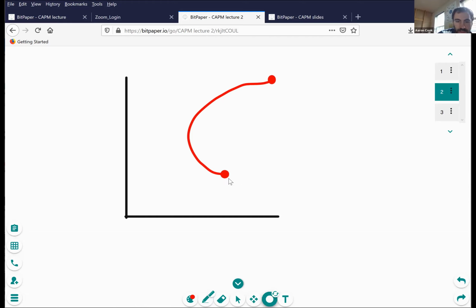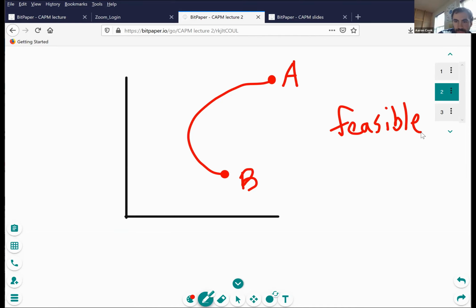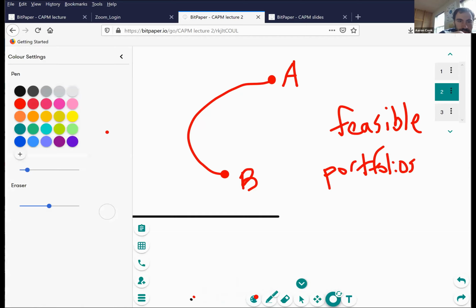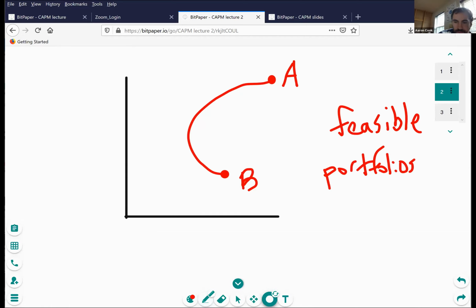We can say one of these is called A, one of these is called B, and this red line represents all the feasible portfolios that represent combinations of A and B. Now we have that red line that represents combining things in risky. That's risky and risky. That red line represents risky, risky.